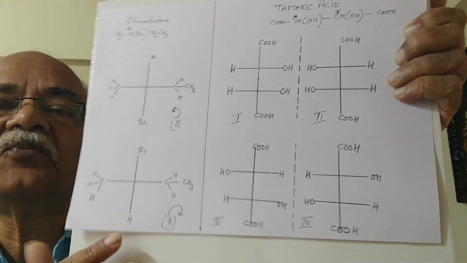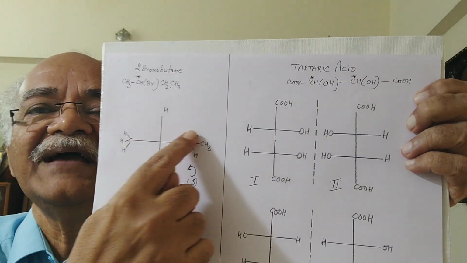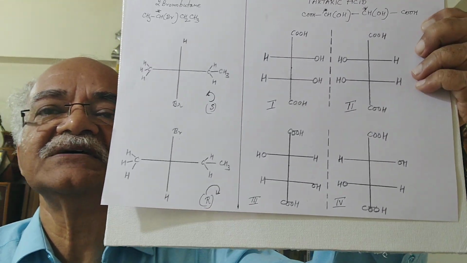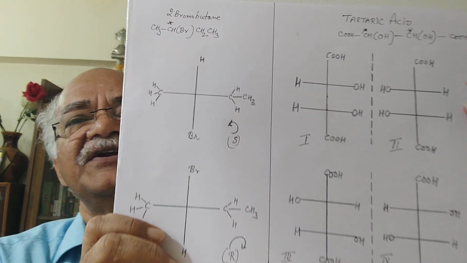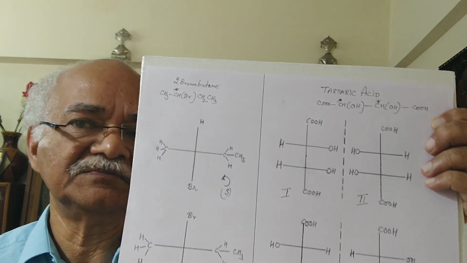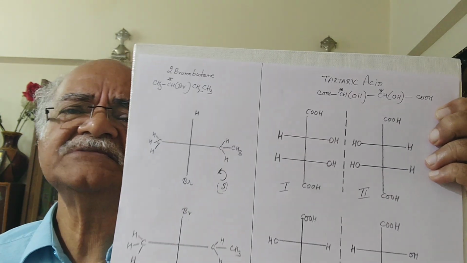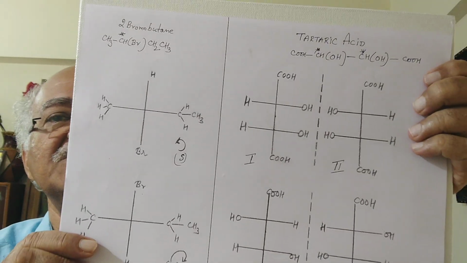Therefore, I have written four structures. H, H on the same side, H and OH on this side here. So I am getting a corresponding mirror image here. This is a theoretical argument. Therefore, I am expecting a dextro and a levo here, or if you want, you can name them as R and S also. This is my expectation from the structures I have proposed.